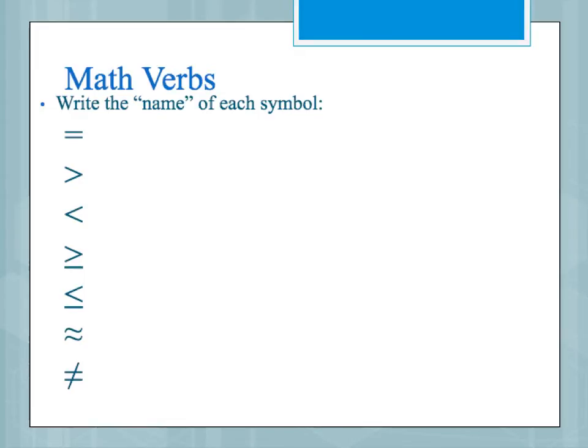The little line represents the or equal to part. Okay. The fifth symbol is less than or equal to. The sixth symbol is approximately equal to or about equal to, the squiggly equal sign. And the last one is not equal to. All of these are considered math verbs.